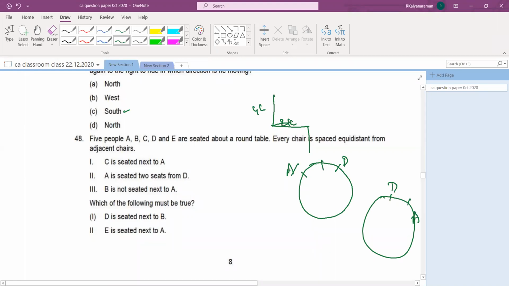B is not seated next to A. So here B will not come, or here B will not come, in both the cases.